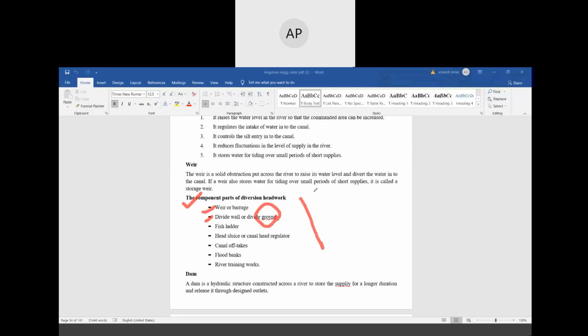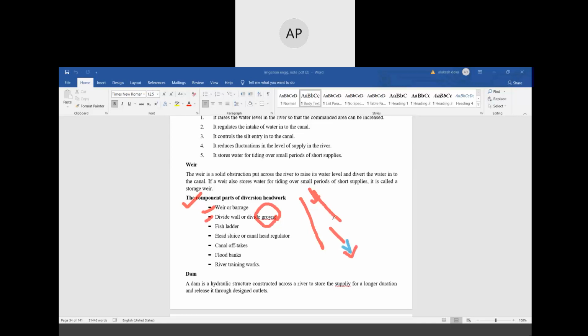Suppose this is a river. This is upstream. This is downstream. Do you understand what upstream and downstream are? Where the water originates and from where the water starts to flow, that is your upstream area, and where it is flowing to, that is your downstream.